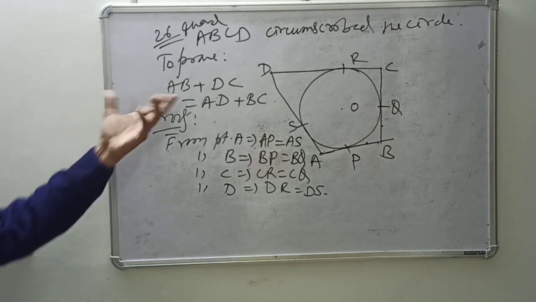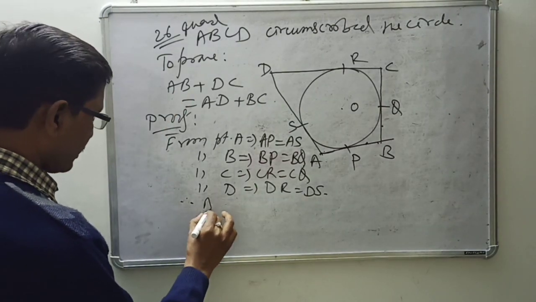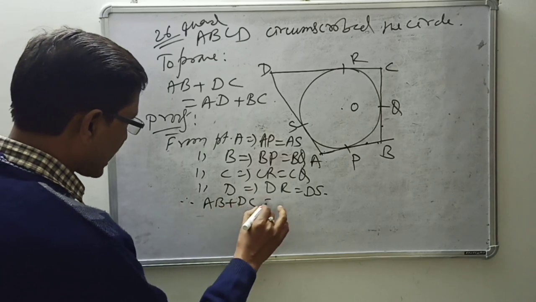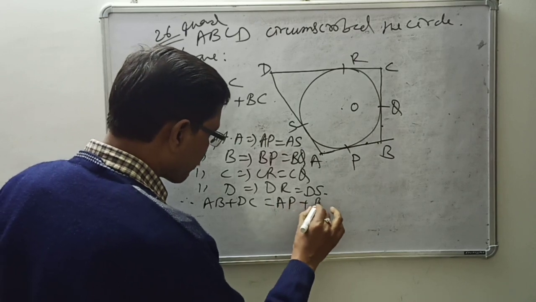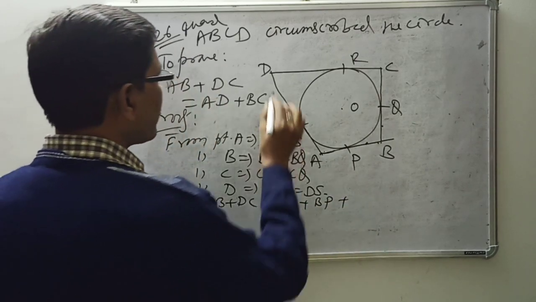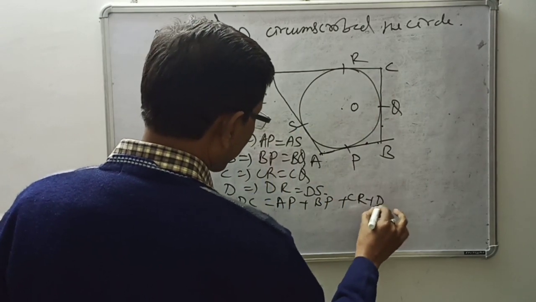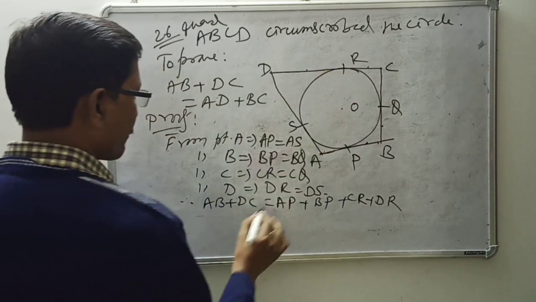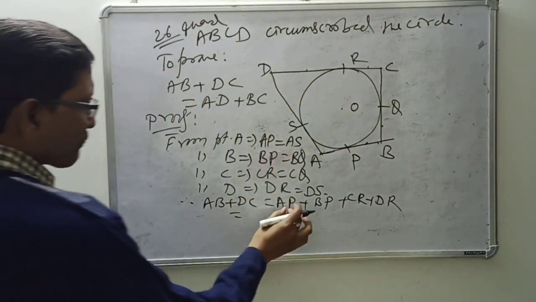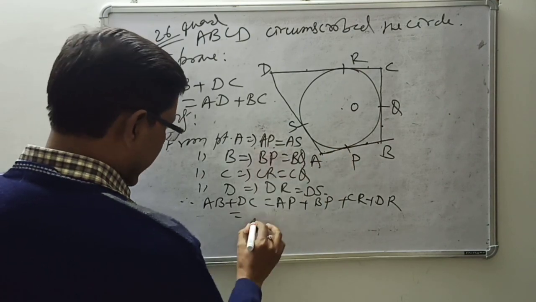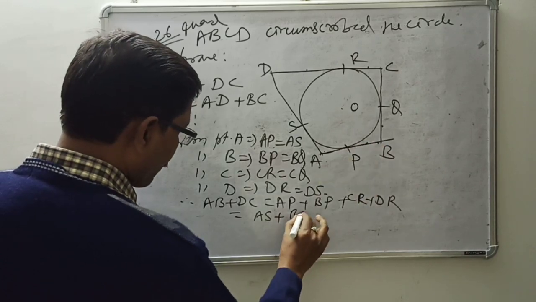So now you have to prove it; any two opposite sides you can take. So from there you can get AB plus DC. Just check. AB means what you can write? AP plus BP, plus CD or DC, which can be written as CR plus DR. These are the two sides. Then from these two sides you have to come to the other two sides. So in the place of AP you can write AS. For BP you can write BQ.